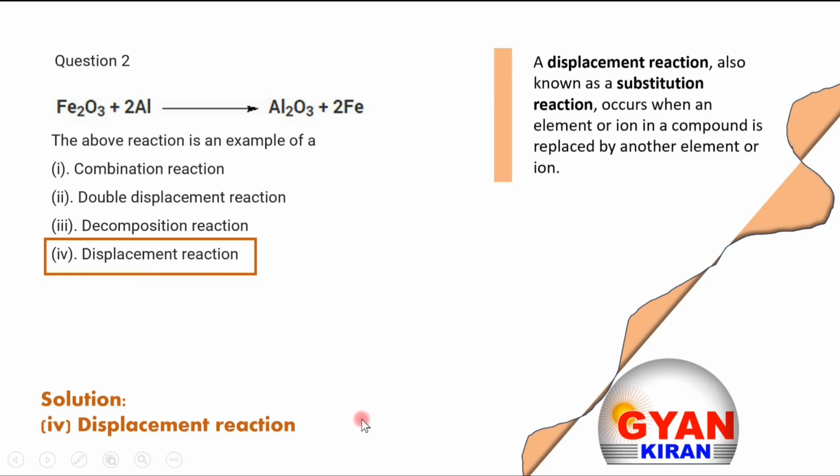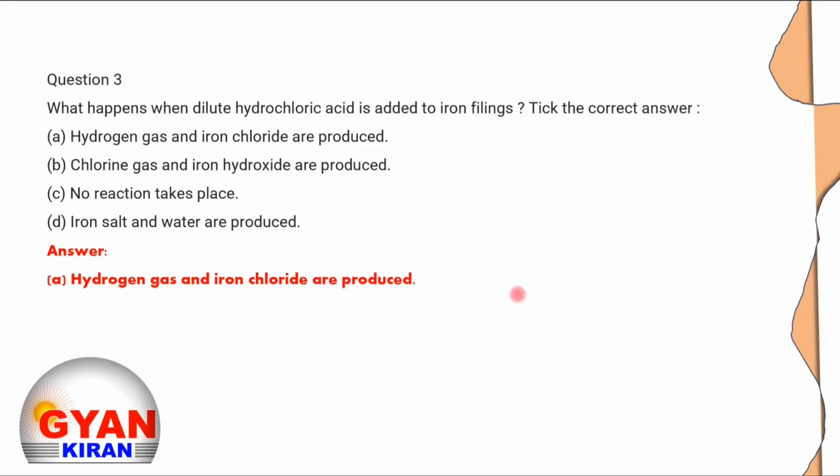Let us consider the next question. Question number 3. What happens when dilute hydrochloric acid is added to iron filings? Tick the correct answer. Here the reaction between dilute hydrochloric acid and iron filings takes place. The first option is hydrogen gas and iron chloride are produced.